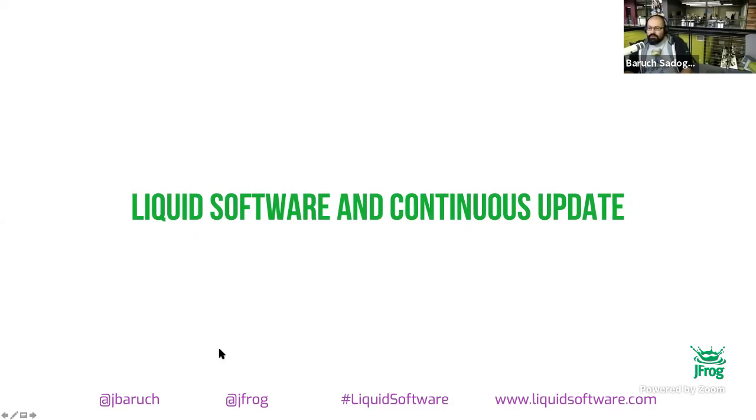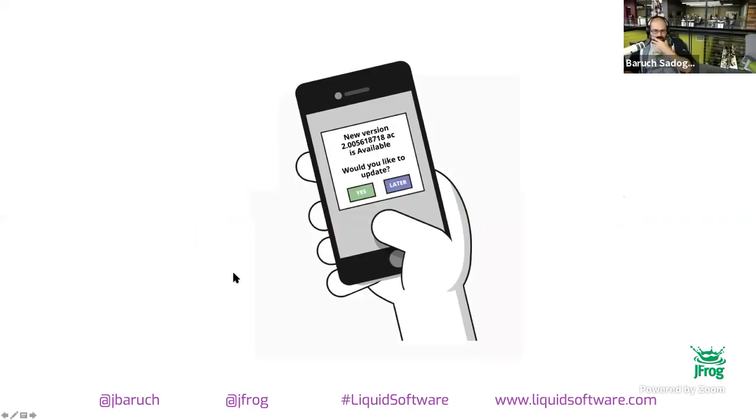Let's talk a little bit about what it actually takes to liquefy your software and make continuous updates possible. How do we update software, where does it still hold us back, and what can we do to overcome it? Operating system versions for our smartphones are still something that we download manually.